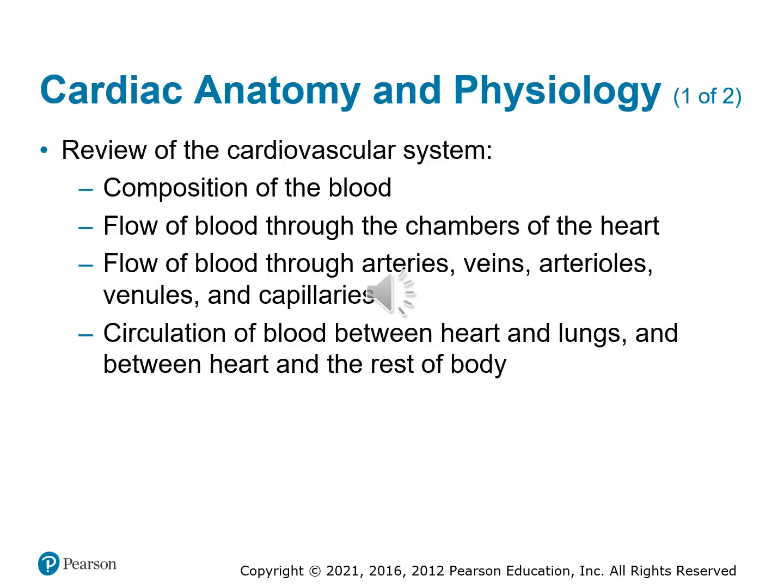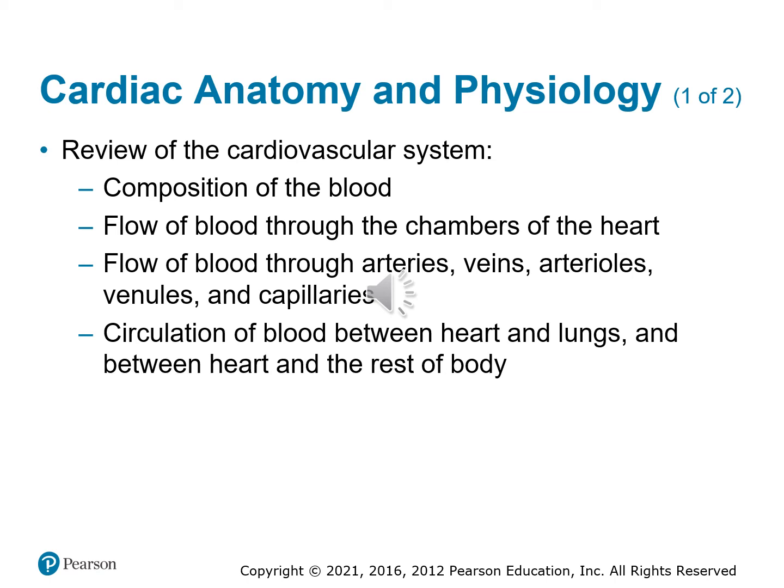Okay, so let's touch on some A&P of cardiac here. The cardiac system, or the circulatory system, is composed of the heart, the vessels, and blood. So the blood is the fluid. It is made up of red and white blood cells. It also includes the platelets used for clotting and plasma, which is the liquid portion.